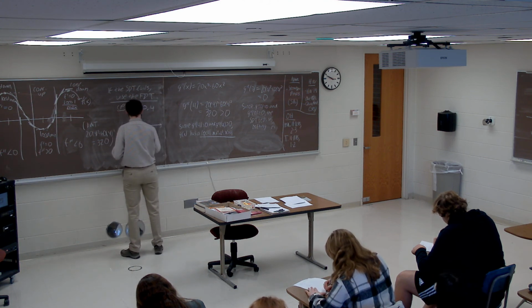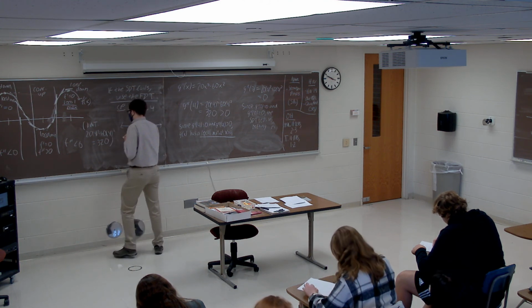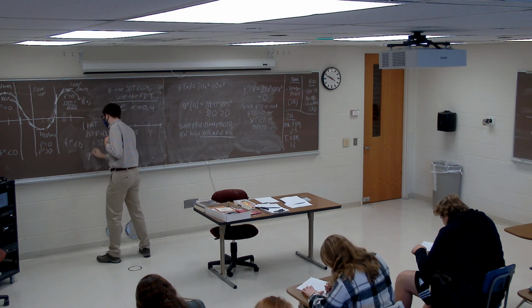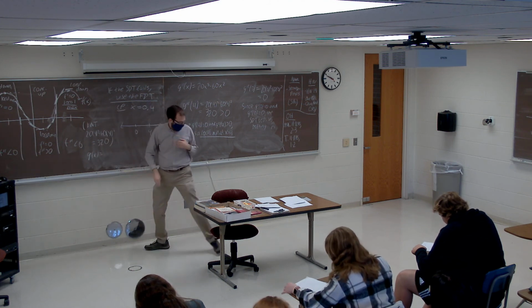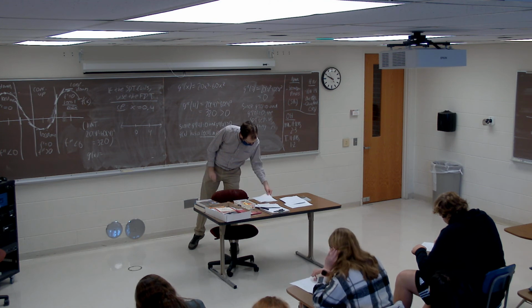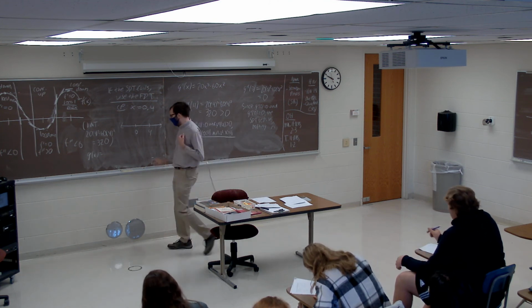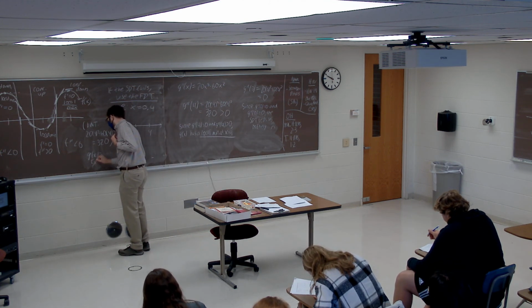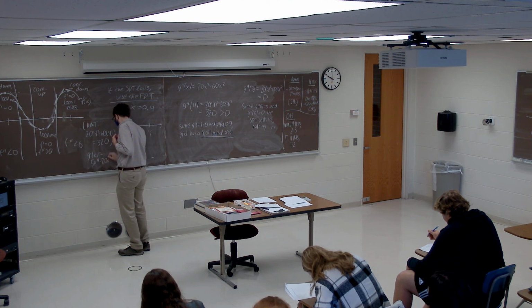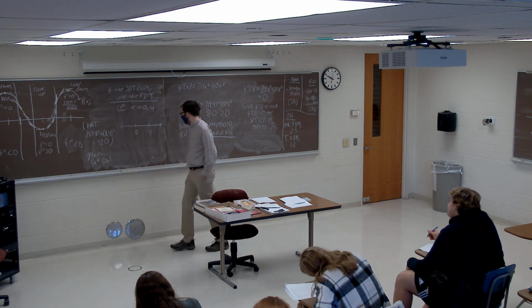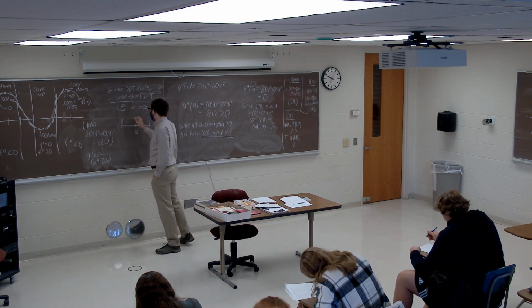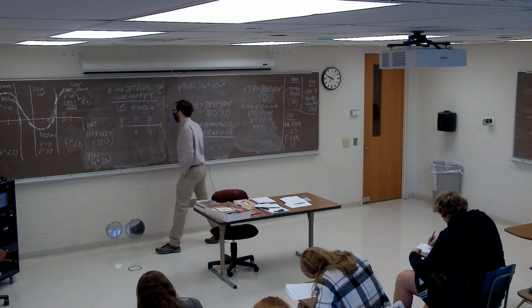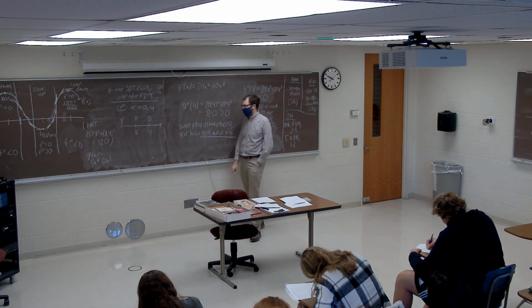So if we plug those in on a number line, I probably should have written down what our g prime of x actually was. It was 5x to the fourth minus 20x cubed. So we know g prime is going to be 0 at x equals 0 and x equals 4.